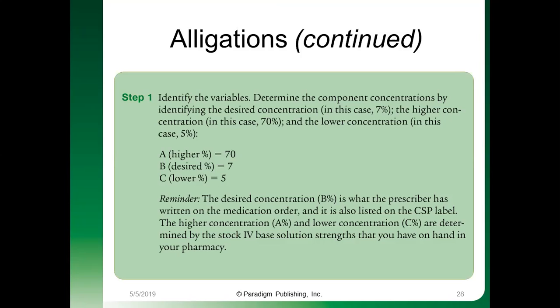The higher concentration, A%, and the lower concentration, C%, are determined by the stock IV base solution strengths that you have on hand in the pharmacy. So again, A and C are what you have in the pharmacy, and B is the desired concentration written by the physician.